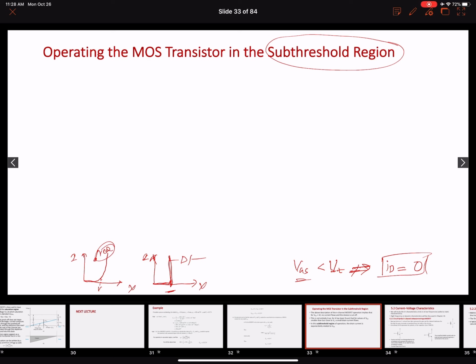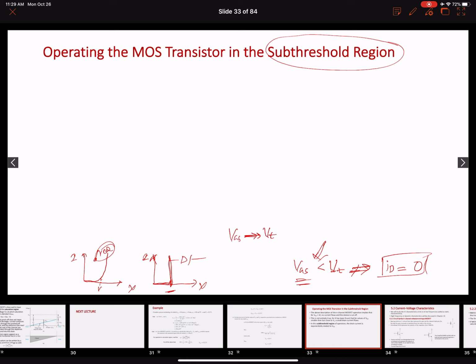Again, these are p-n junctions and semiconductor devices. When the gate to source voltage is less than the threshold voltage but very close to it, it is not necessarily true that the channel is not induced or that the current is zero. A very small amount of current will start to flow, and it increases exponentially as the gate to source voltage approaches the threshold voltage.